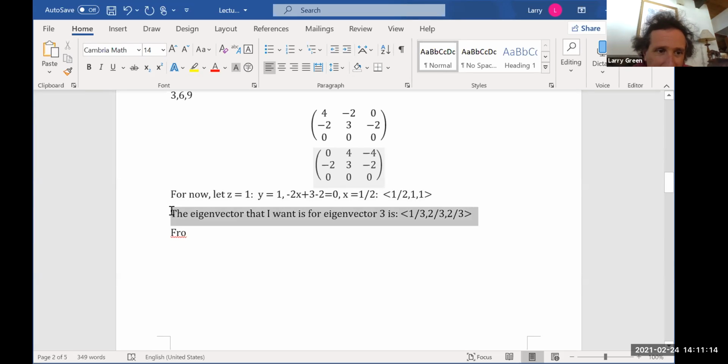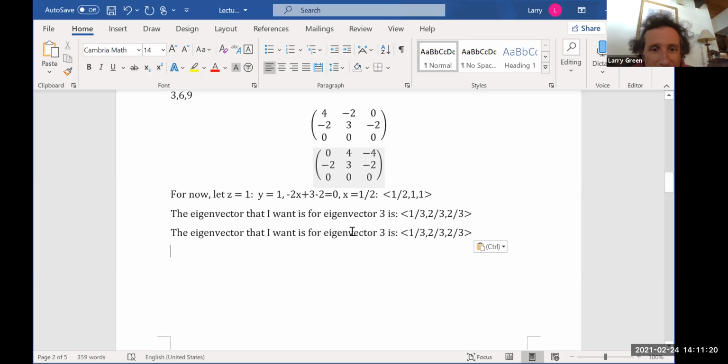And now let's copy and paste so I don't have to type it over and over again. The eigenvector that I want for eigenvalue 6 is going to be negative 2/3, negative 1/3, 2/3.